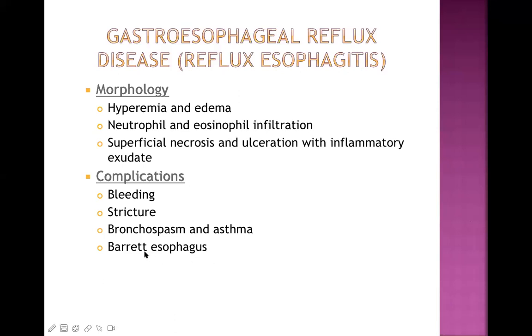This is not a good condition to have, because after some time it may complicate into dysplasia, and dysplasia may complicate into malignancy. The type of malignancy which develops from Barrett esophagus is adenocarcinoma.